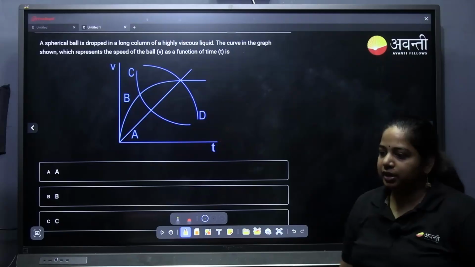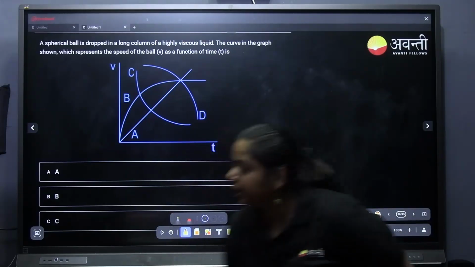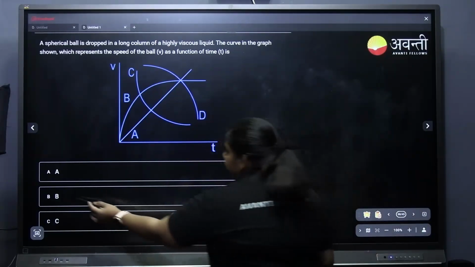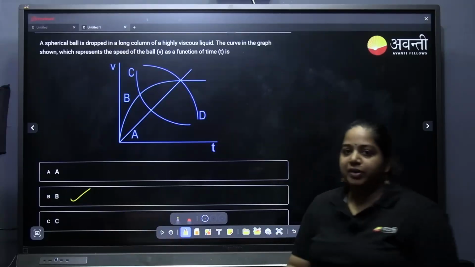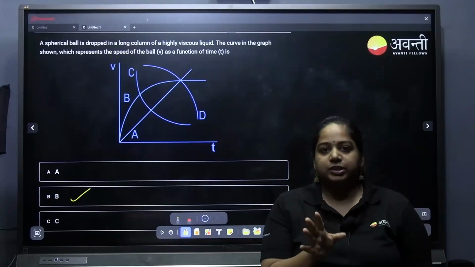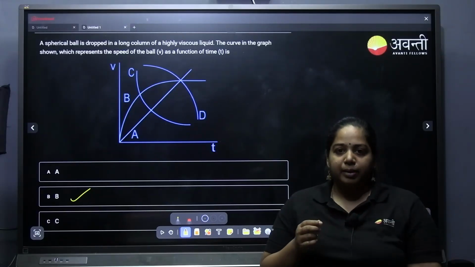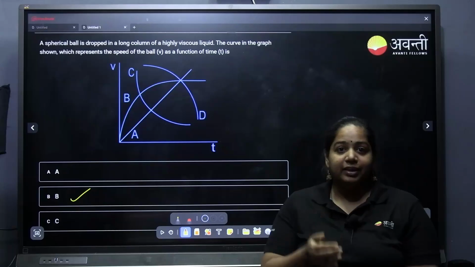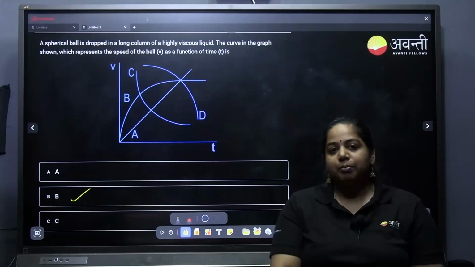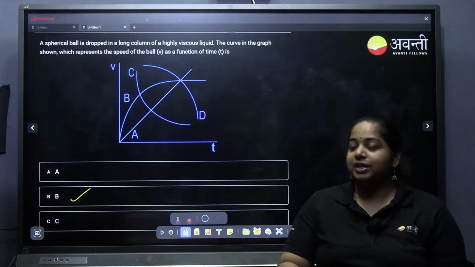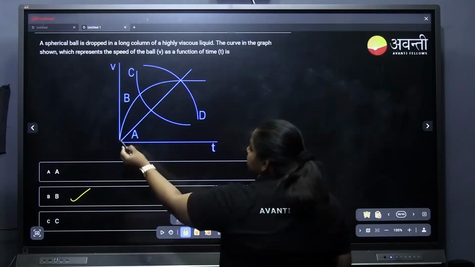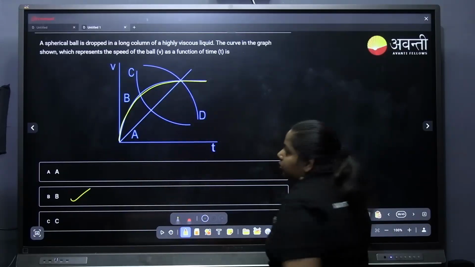The correct answer is B. When we drop the ball, initial velocity is 0. As it falls, because of mg, its velocity will increase. Then it will reach a maximum point, then it will stop increasing. That is terminal velocity. So this graph is the correct answer. Okay, B.